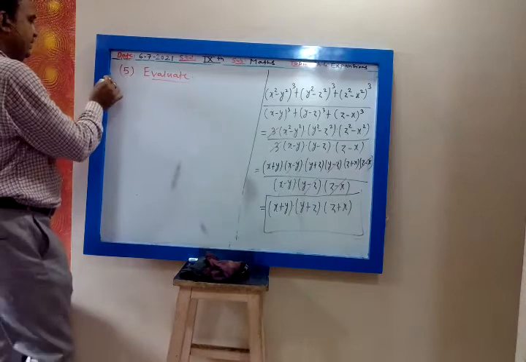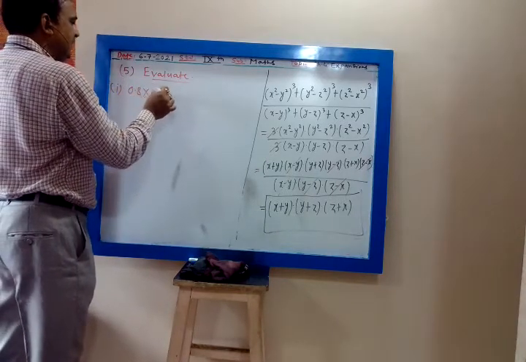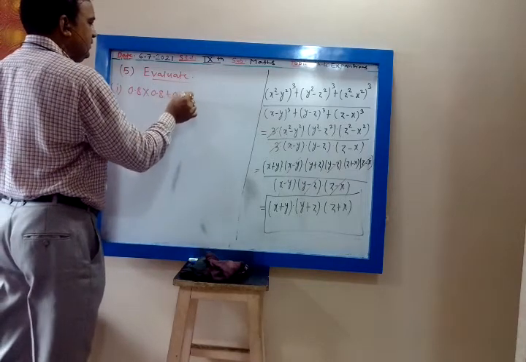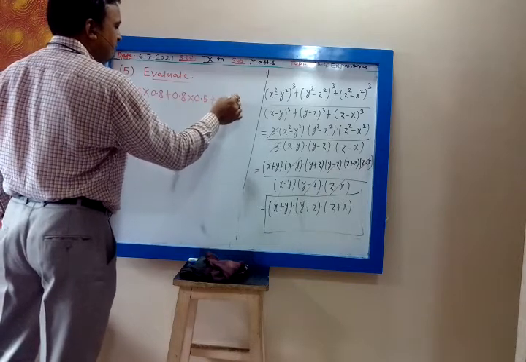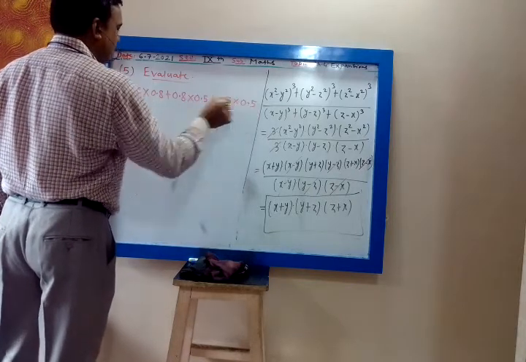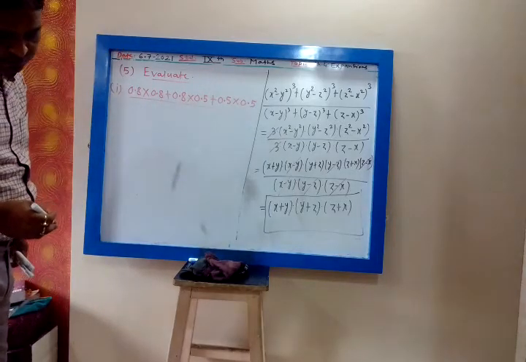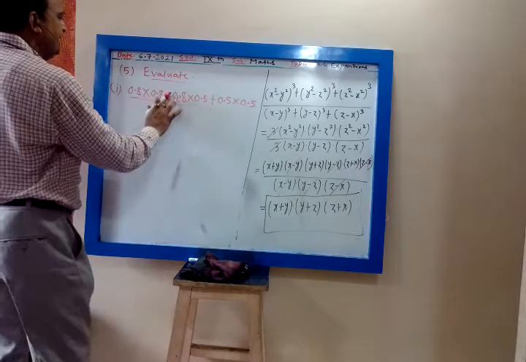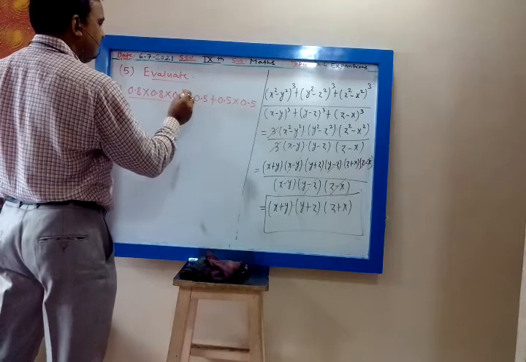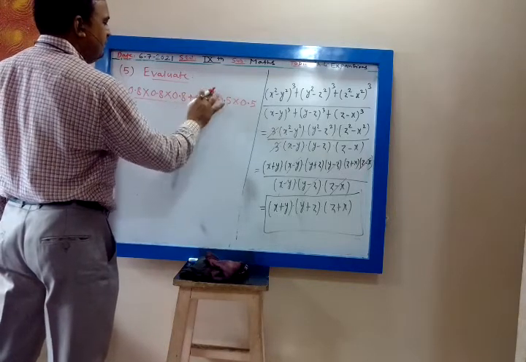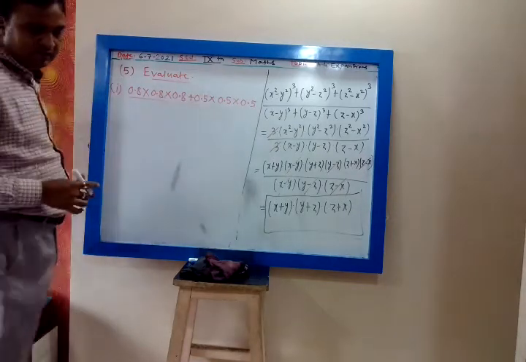First, 0.8 into 0.8 plus 0.8 into 0.5 plus 0.5 into 0.5 upon 0.8 into 0.8 into 0.8, then plus 1, plus 0.5 into 0.5 into 0.5, three times it is multiplied, then between them we have plus 1.